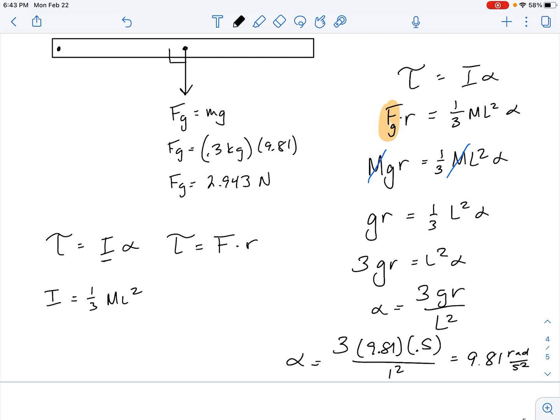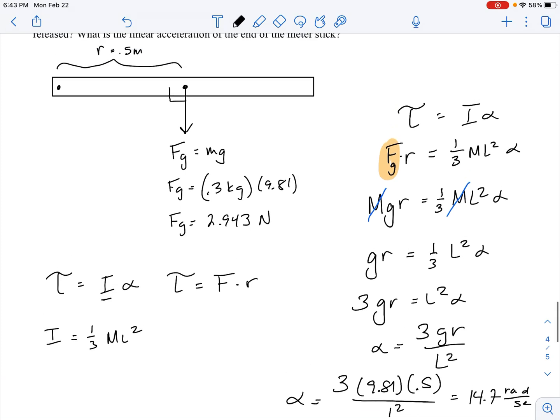Okay, that's more like it. 14.7. I knew what the answer was supposed to be. I couldn't figure out why it wasn't coming out. Okay, so the angular acceleration is 14.7 radians per second squared.